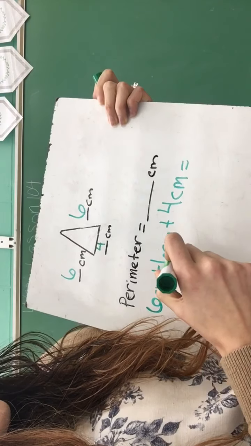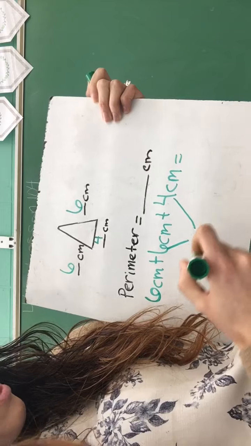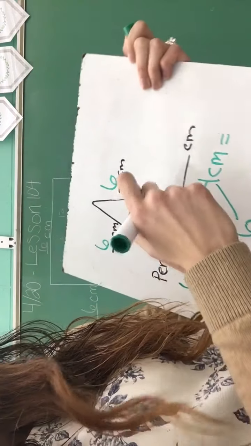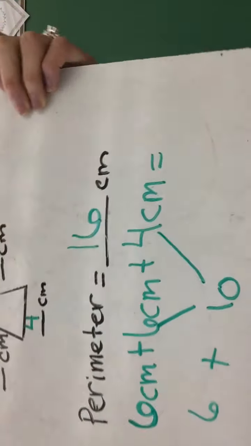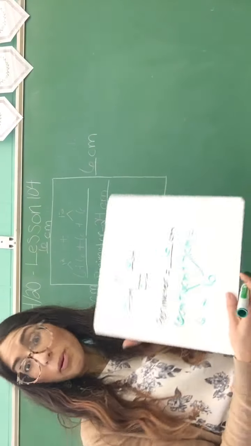So we can easily add 6 plus 4 together. That equals what? 10. And then 10 plus 6, or 6 plus 10, 16. Very good. So our answer for perimeter is 16 centimeters, okay?